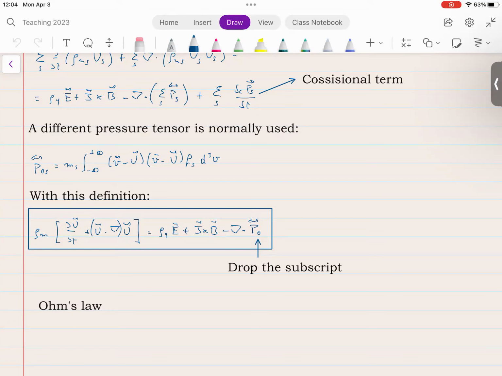Let's do it this way: J is going to be equal to sigma E, where sigma could be constant or could be a tensor, but let's keep it a little simple. And let me put primes here as our book does.